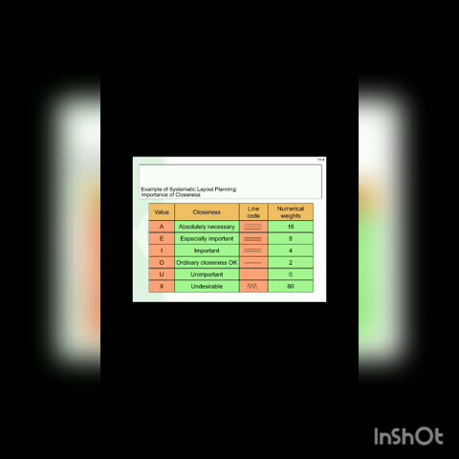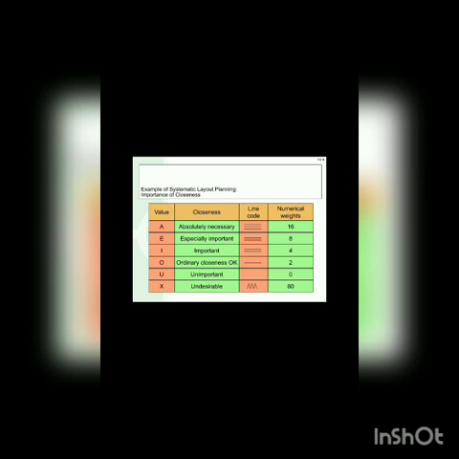Now value, line code, numerical weight, and importance of closeness. A is absolutely necessary; the line code is 4 parallel lines, and the numerical weight is 16. E is especially important; the line code is 3 and the numerical weight is 8.